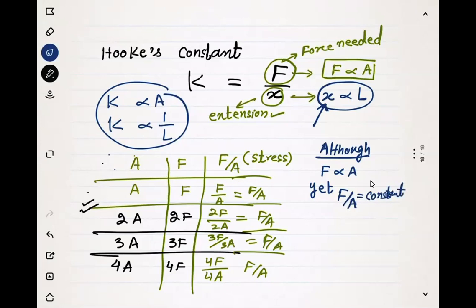So you can say that F over A is independent of area because if you double the area, the force needed will become double. And as a result, this F over A will become independent of the area. It does not depend on the area.